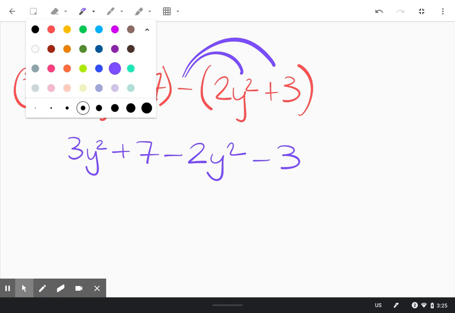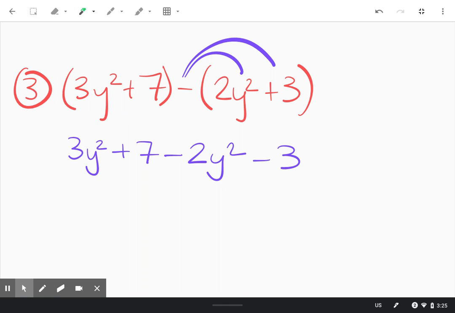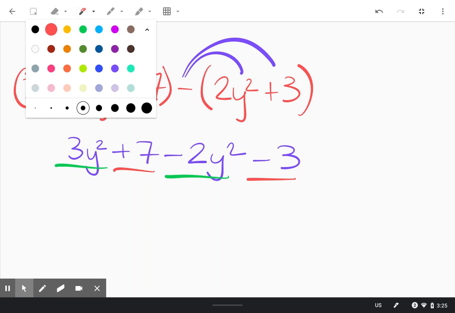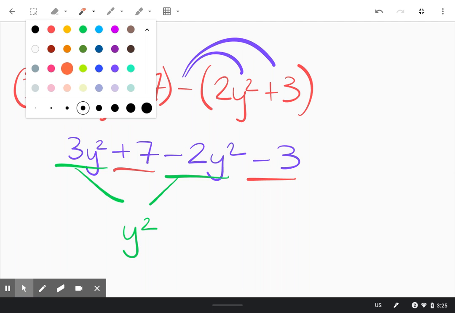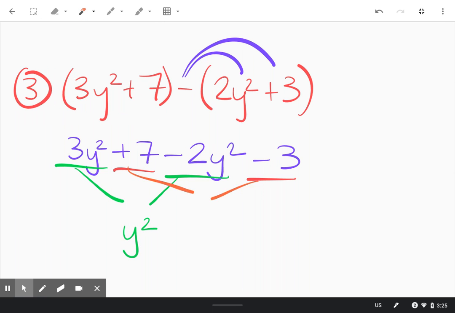In a sense, I'm distributing that minus sign. Then again, the same process: find all of my like terms. 3y squared minus 2y squared is 1y squared, or just y squared. 7 minus 3 is 4.